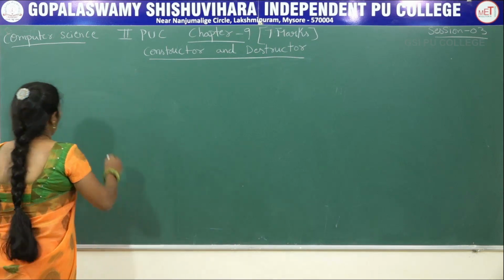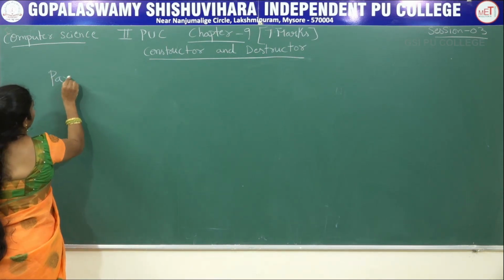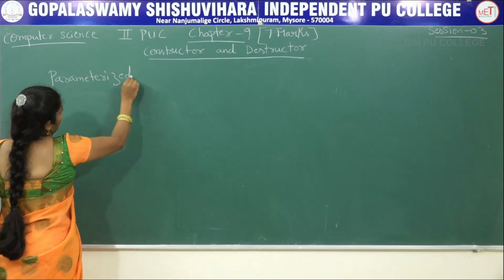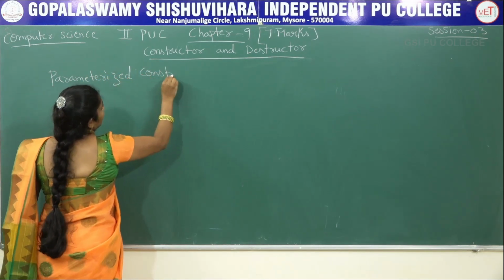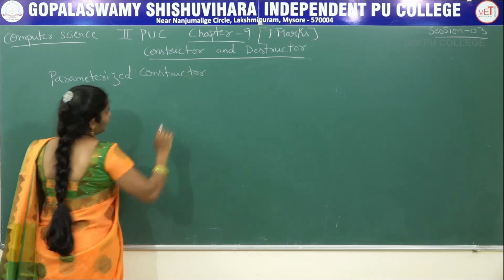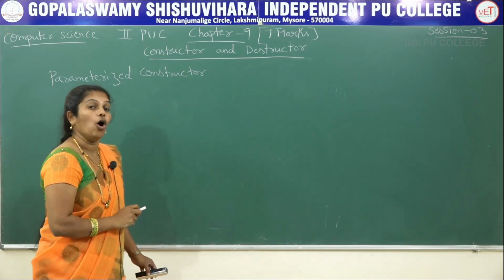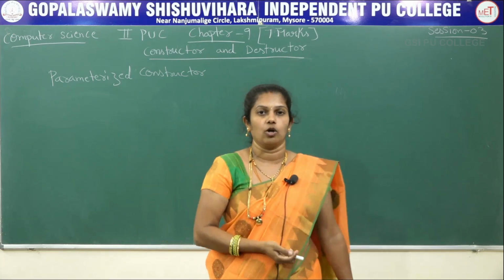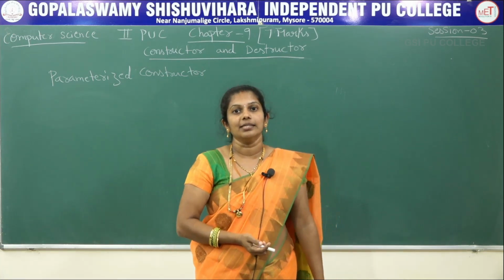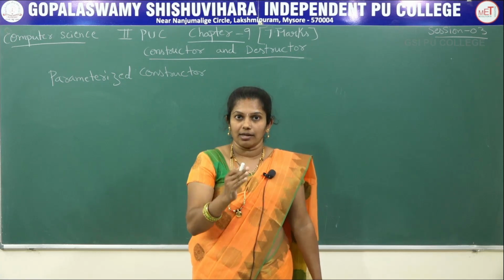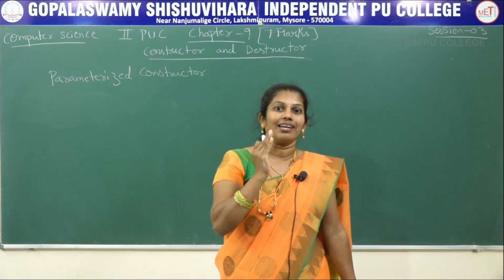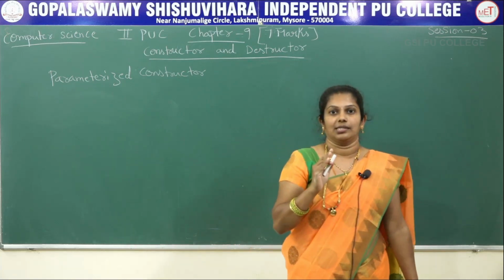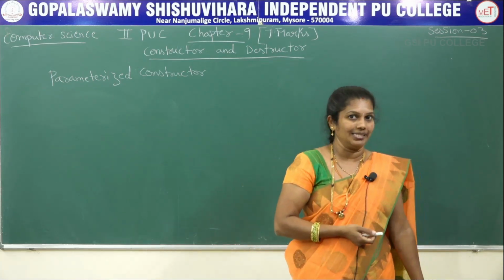But when we come to parameterized constructor, a constructor which is having arguments is called a parameterized constructor. If a constructor has arguments or parameters, what do we call it? Parameterized constructor, or argument constructor also we can say.